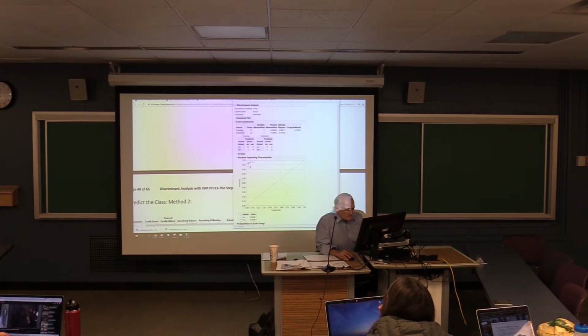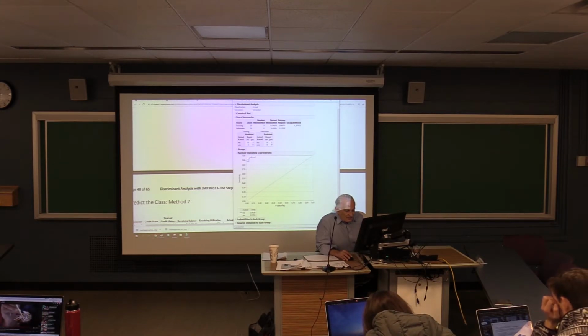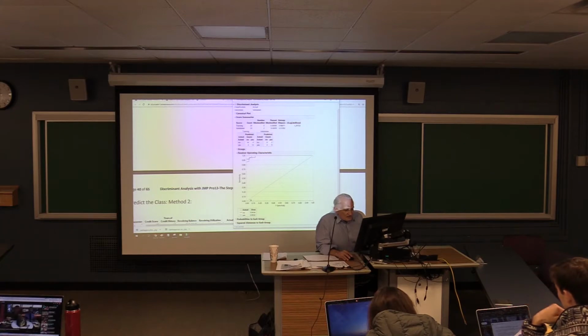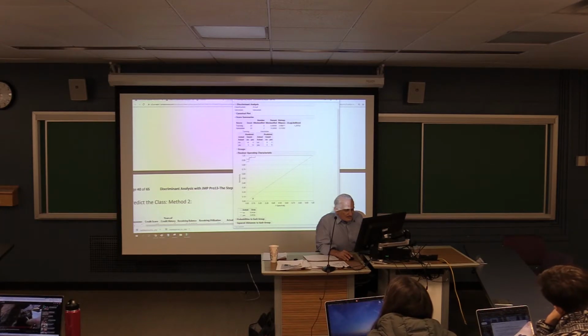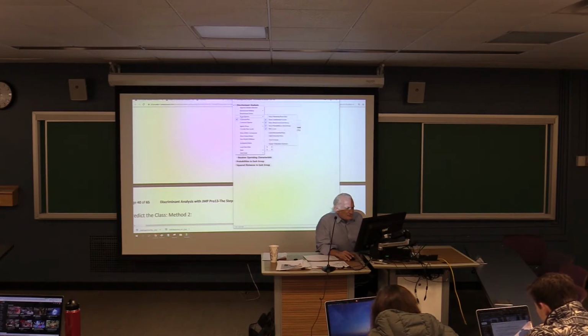This is not so useful because I don't have a lot of data, but we know how to interpret it. You have 1 minus specificity here, or the FPR, and sensitivity here. So the good points are the points that are close to, this is the ideal point. This is the best point. Discriminant score.